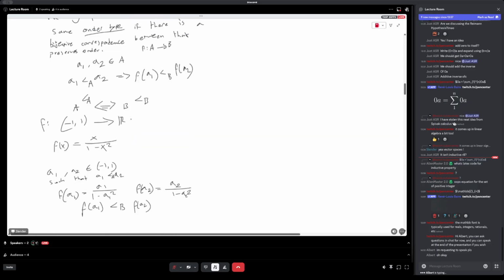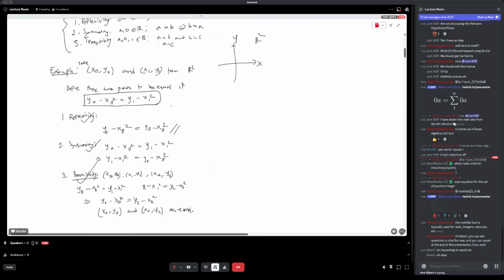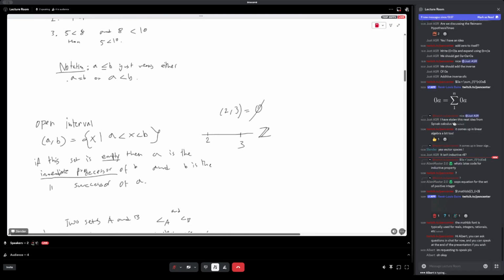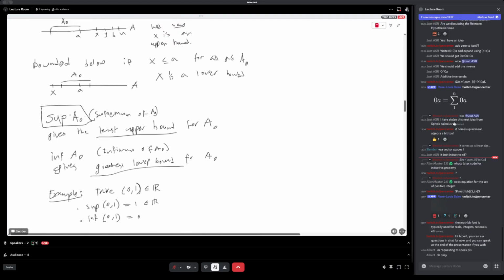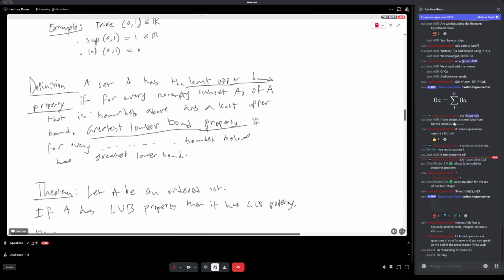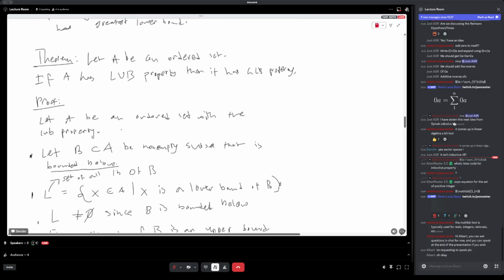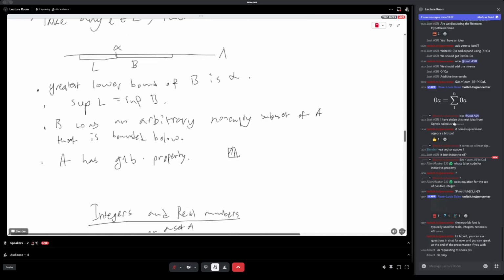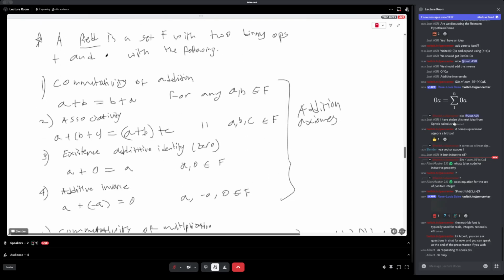Now let me just quickly recap what we went over. We went over equivalence relations, and then order relations. Then we went over the least upper bounds, greatest lower bounds, supremum and infimum. Then the least upper bound property and the greatest lower bound property. Then we proved some important theorems about them. Then we started with the binary operation definition and the field definition.